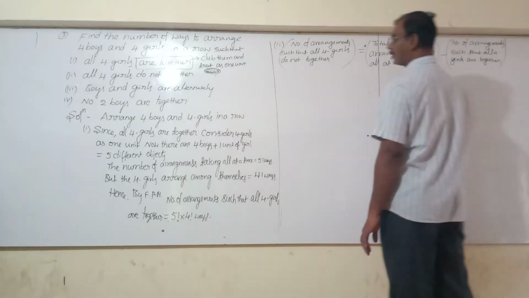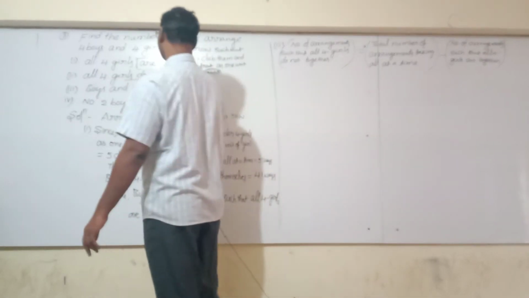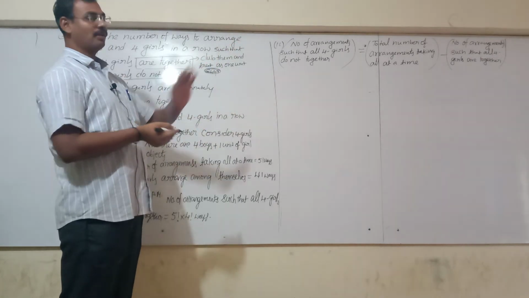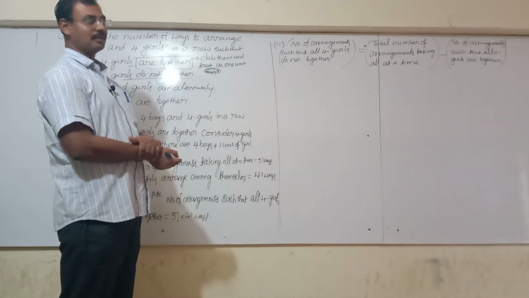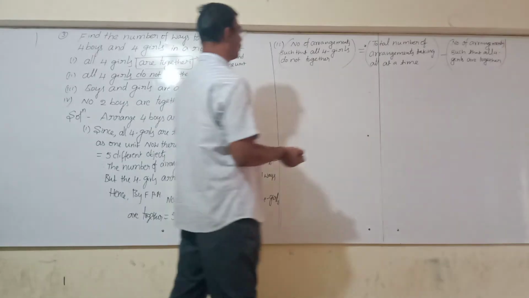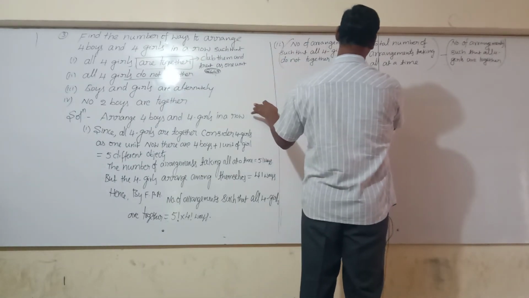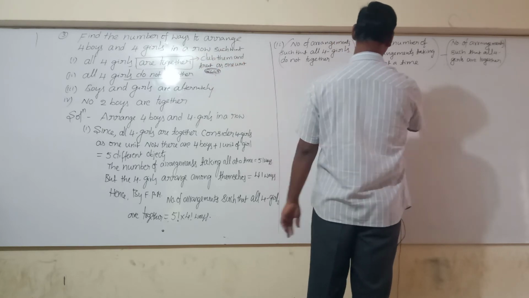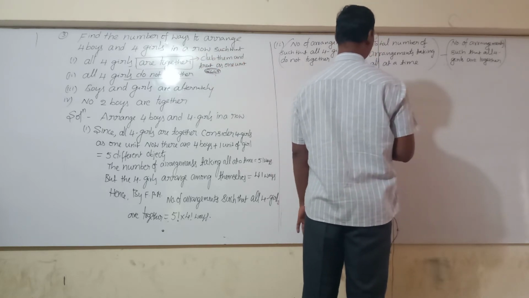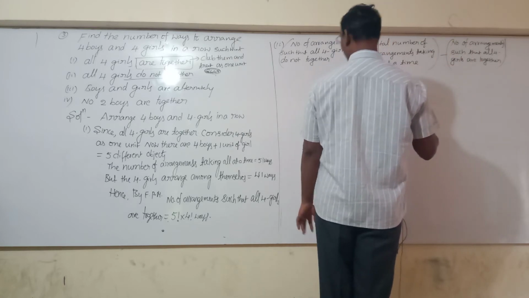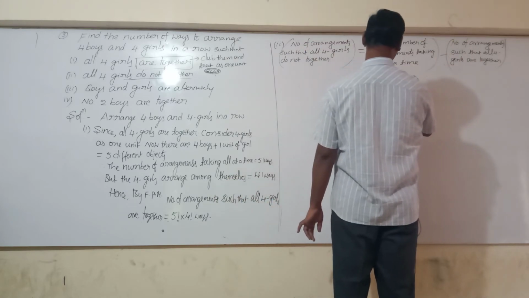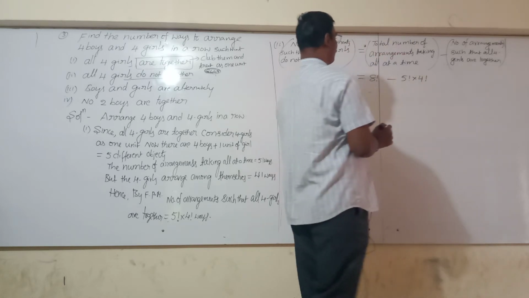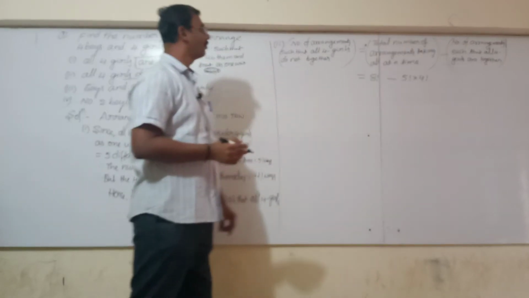This is the formula, remember. All do not together equals total minus together. Total: how many ways could I arrange 4 boys and 4 girls taking all at a time? 8 factorial. And together we have already done: 5 factorial into 4 factorial. Okay. This is the answer of the question.